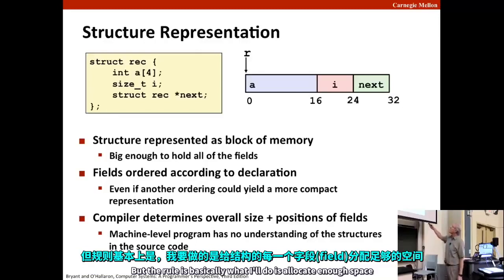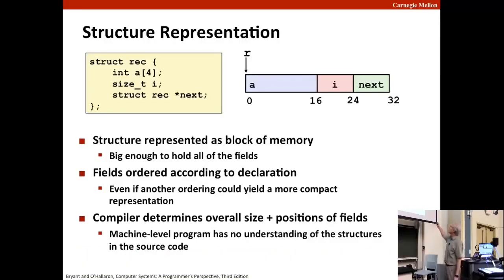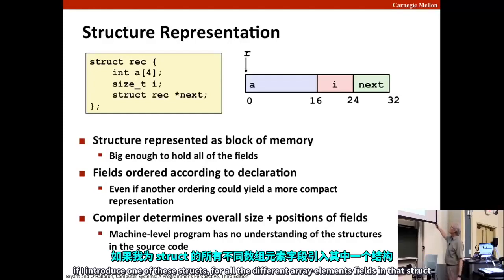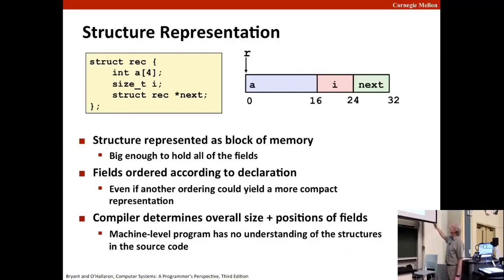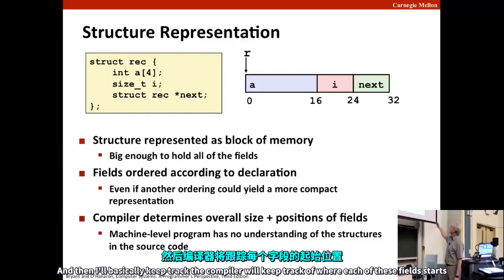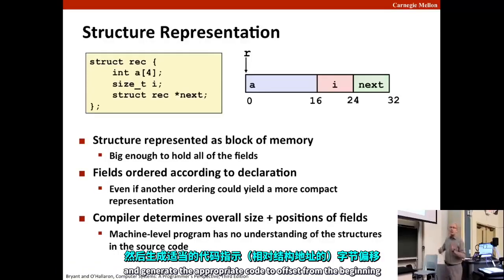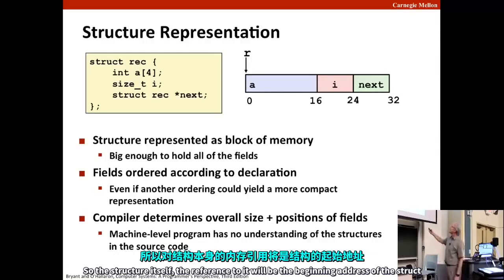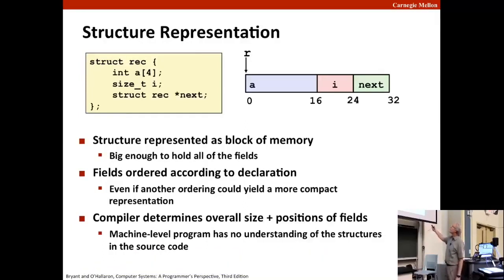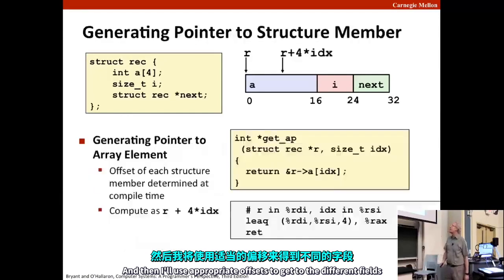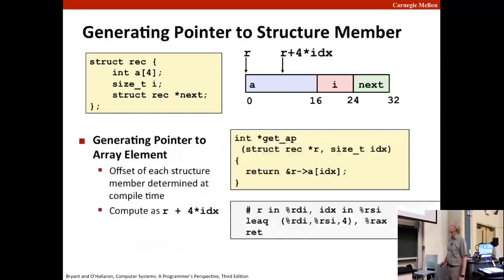But the rule is basically that I'll allocate enough space, if I introduce one of these structs, for all the different fields in that struct, and the compiler will keep track of where each of these fields starts and generate the appropriate code to offset from the beginning. So the reference to the structure will be the beginning address of the struct. And then I'll use appropriate offsets to get to the different fields.